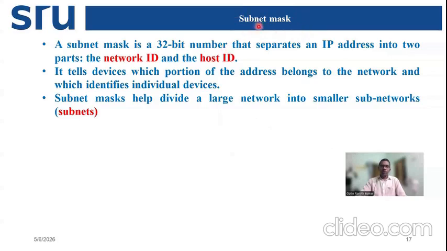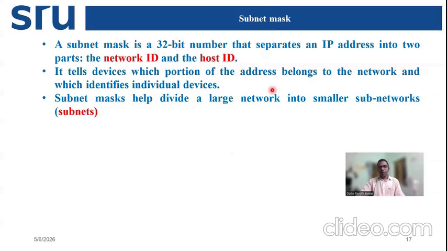The subnet mask is equal to the IP address in length, 32 bits, and it is used to separate the IP address into two parts. It is used to identify which part is the network ID and which part is the host ID in the IP address. Using the subnet mask, a network device can identify which part is network ID and which part is host ID, and based on that, it confirms on which network the destination is available.